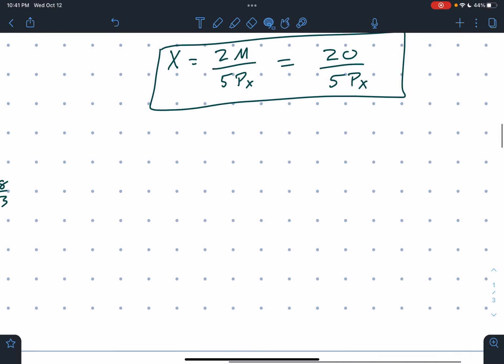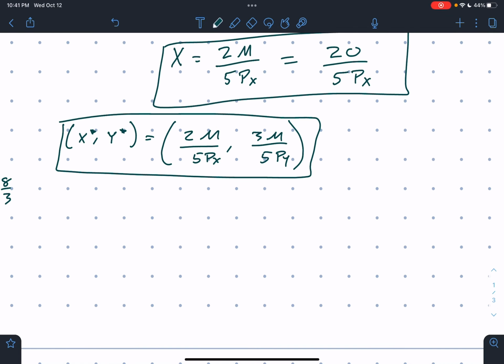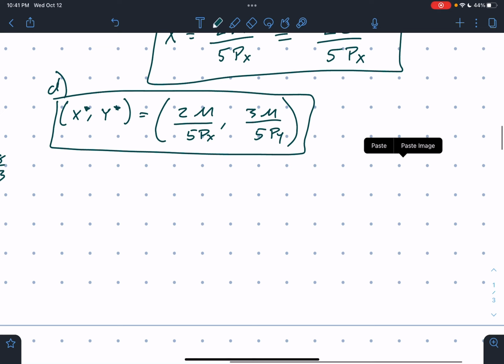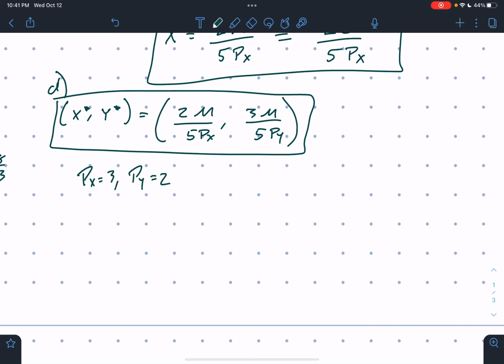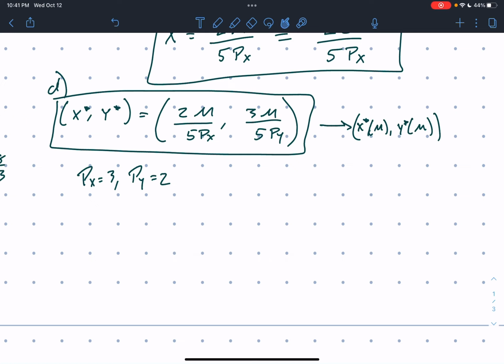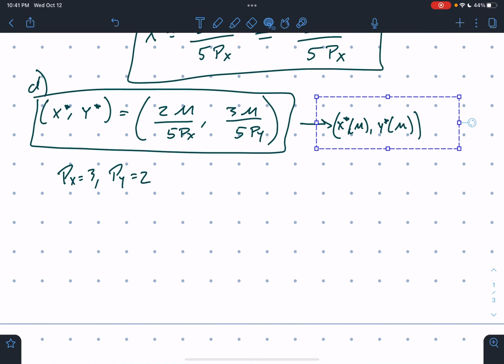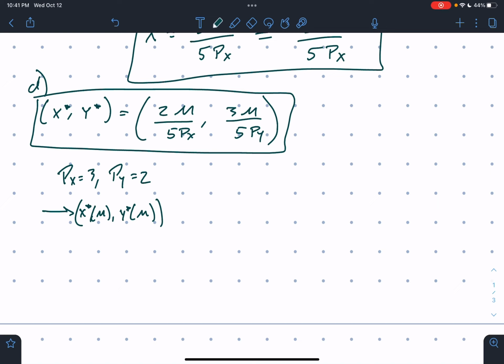So I'll bring that down here, and so for D, we have this. Now when we're varying M, we're setting PX equal to 3, PY equal to 2. So X star of M, Y star of M. What I'm doing is plugging PX and PY into this equation, and leaving M as a variable.